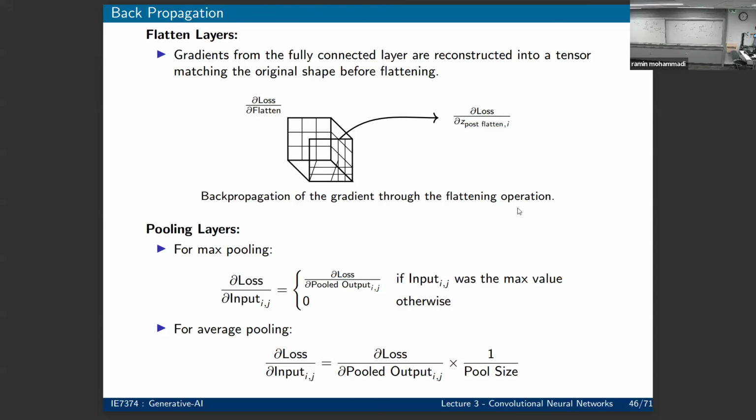Now, let's go over the pooling layers. So what happens for gradient in pooling layers? Let's just start with max pooling. So if you think about when here you have this 1, 2, and you did a max pooling among these, and you picked one of those. So let's say this one was the maximum value.